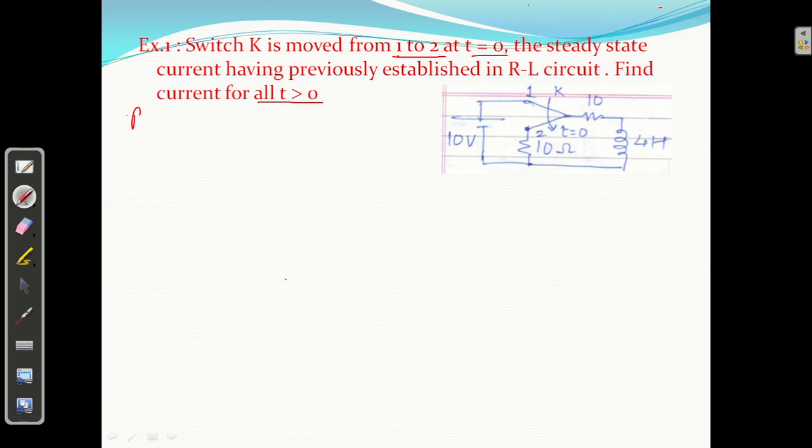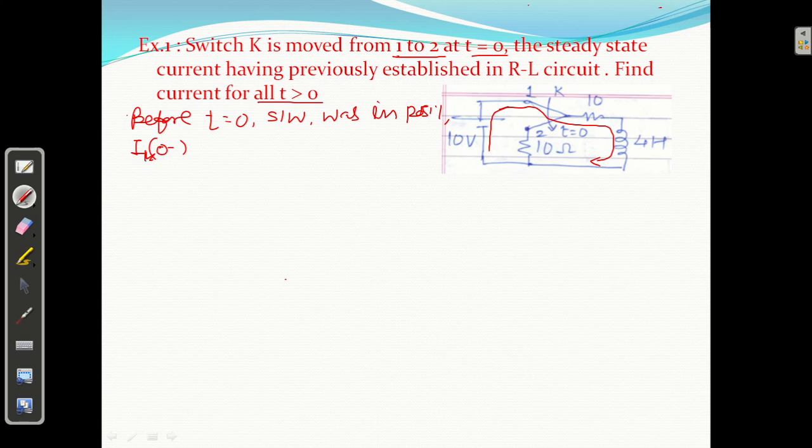So before t equal to 0, the switch was in position 1. The switch was in position 1 for a long time, so current was flowing in this way. And the inductor has stored the current IL(0-).